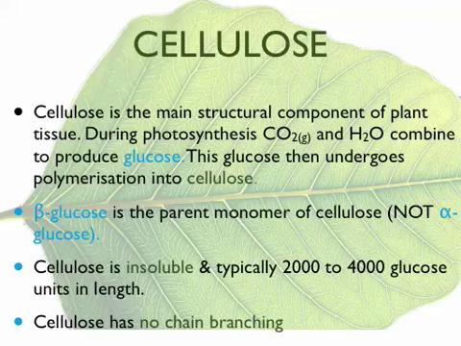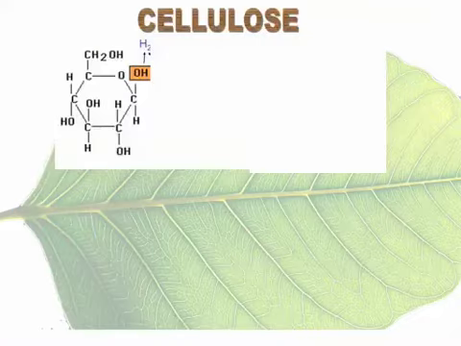Now, cellulose is insoluble, and it's typically 2,000 to 4,000 glucose units in length. And it has no chain branching, so it's a long, linear, fibrous material of substantial size, which means that it does not dissolve.